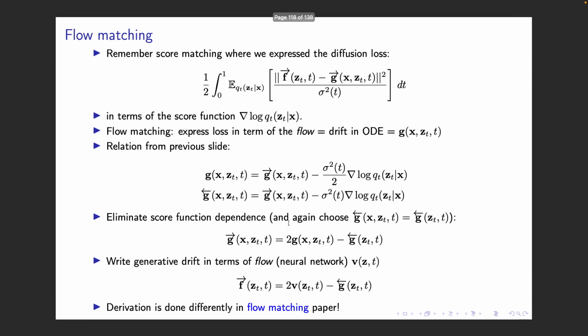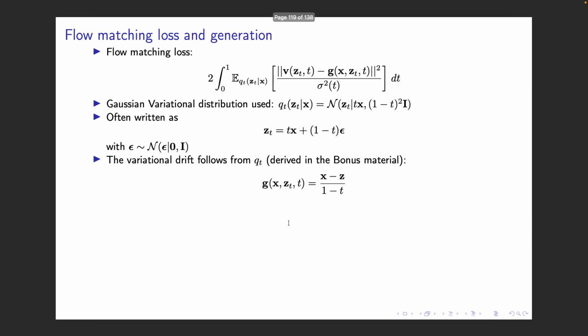And this is done here. I will not go into the details, but in the end, you get this very nice, simple result that the flow that you want to learn, the unknown defined by a neural network, has to be matched with the flow you get from your variational process.